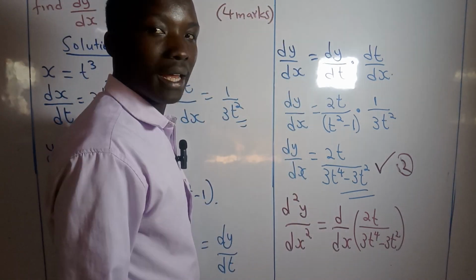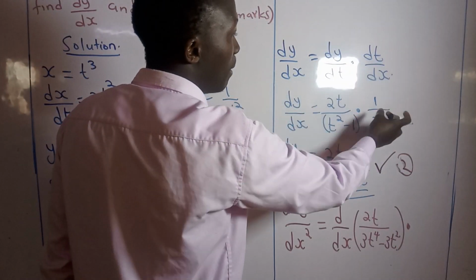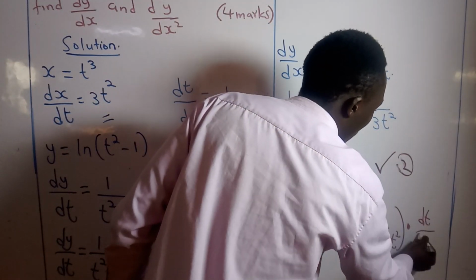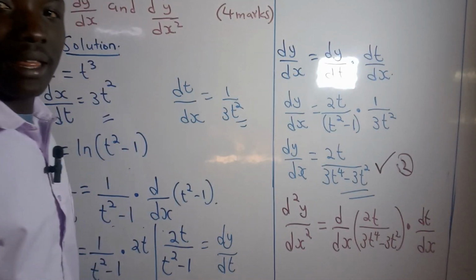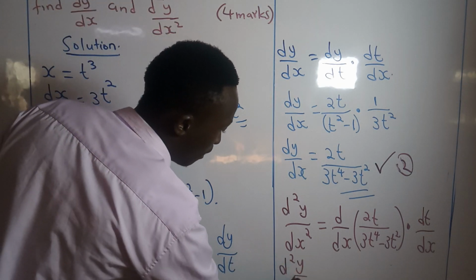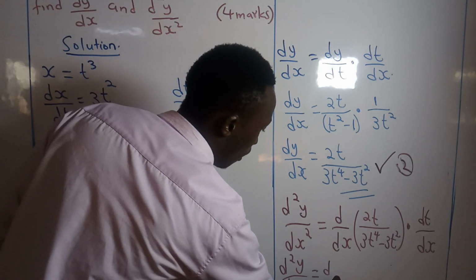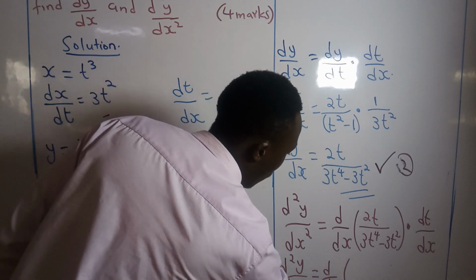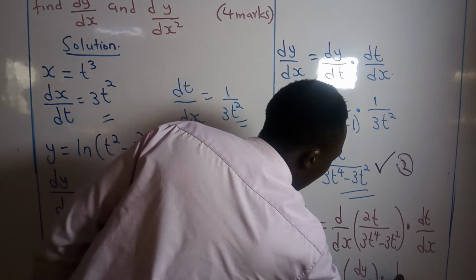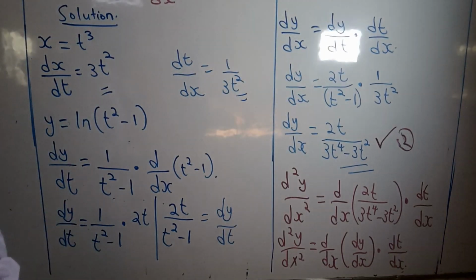Then we multiply by dt over dx. That simply says that d squared y over dx squared is equal to d over dx of dy over dx multiplied by dt over dx. That is how we approach that question.